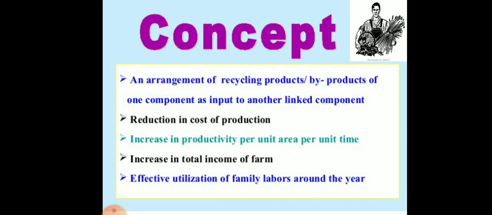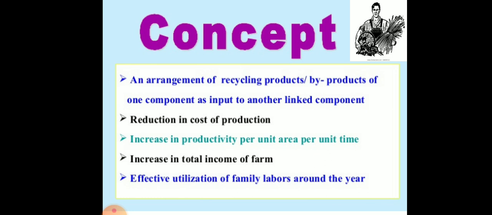Okay, how about its concept? Okay, in recycling, the product or byproduct of a certain input will link to another one. Like for example, chicken manure from your poultry will be processed as a fertilizer of your crops.